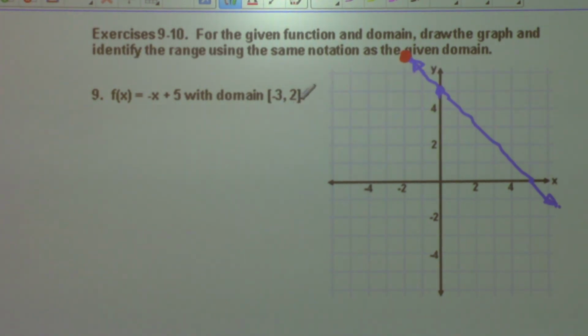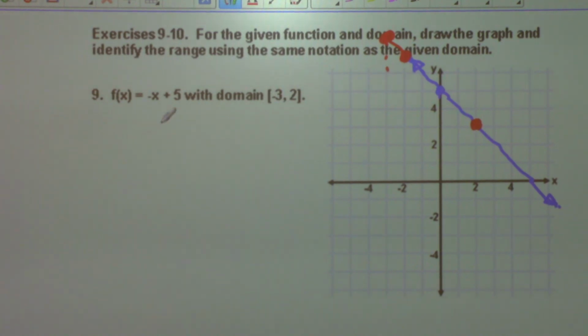No, that's -2. You need to go up higher yet, don't you? You got to go up here. Yeah, so it's going to be -3 up here. Okay. And then 2 is going to be here, right? So it's going to be this interval here, between here and here.